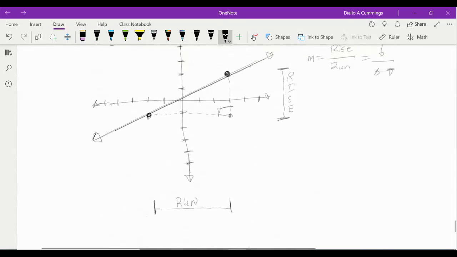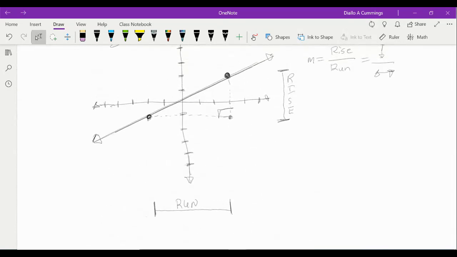So as we're asked to calculate this slope, notice that it rises from left to right. So our slope should be positive. So I'm going to calculate the distances. So I'm going to calculate my distance for run. So when I physically calculate it, this has a distance of 1, 2, 3, 4, 5.